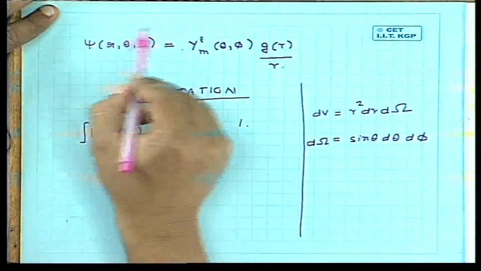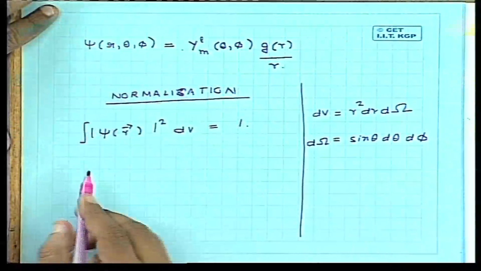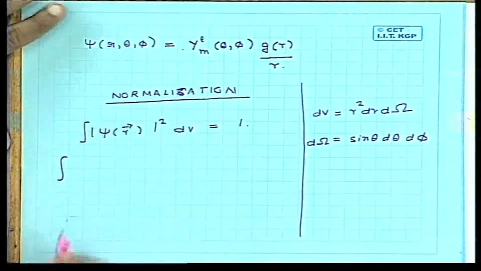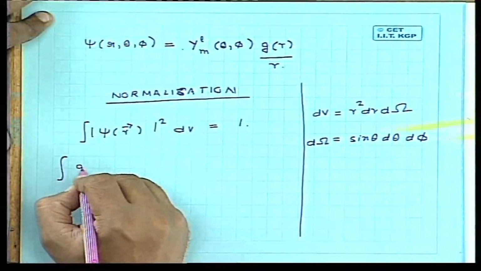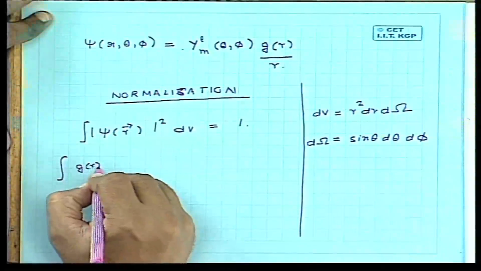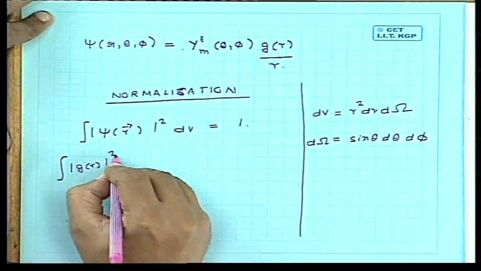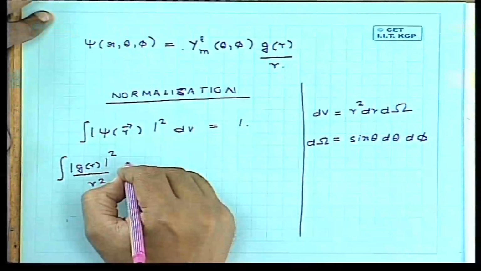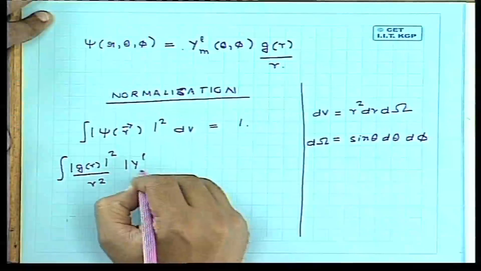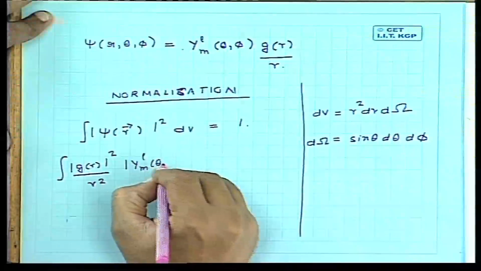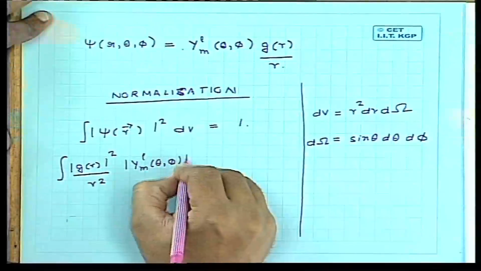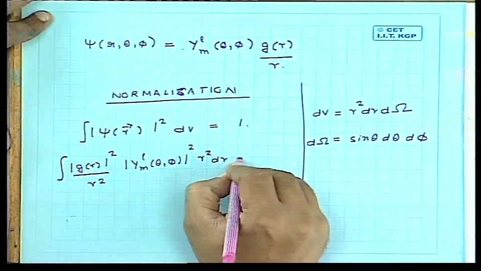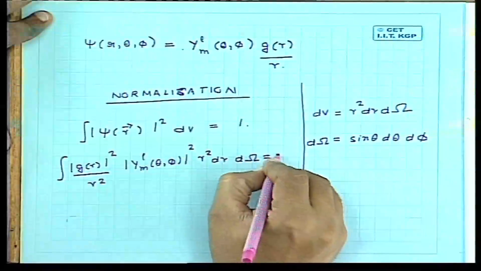So substituting this form for the wave function here, the normalization is equivalent to the condition that the integral of the mod square of g of r, divided by r squared, into the mod square of Y_lm of theta, phi, into r squared dr d omega, should be equal to 1.